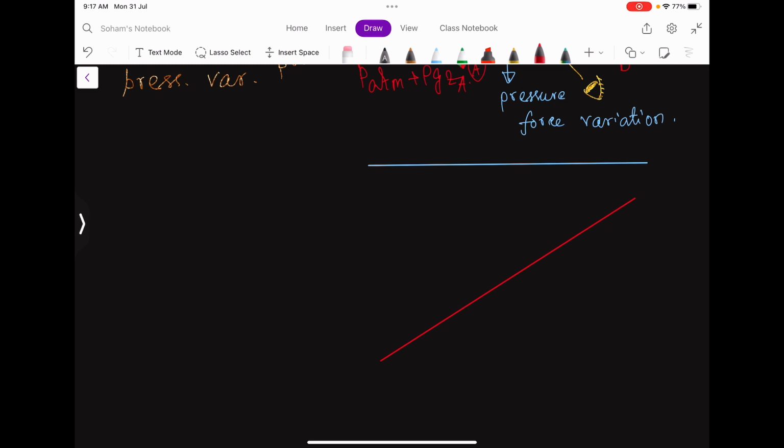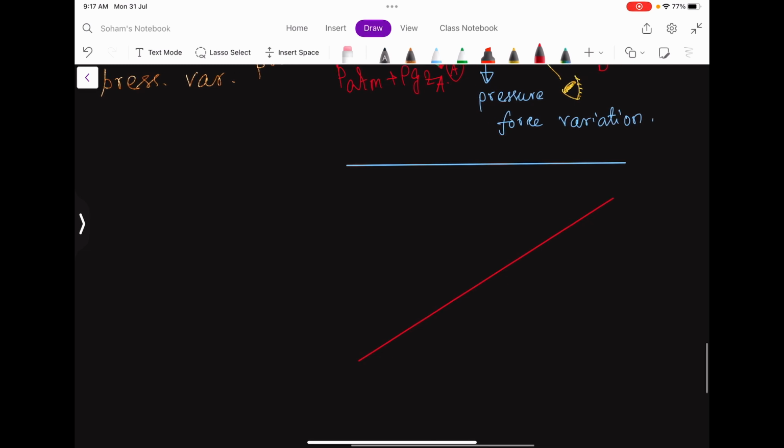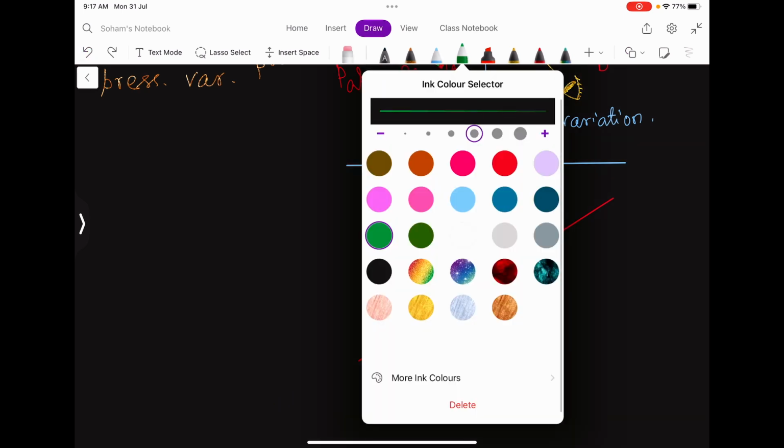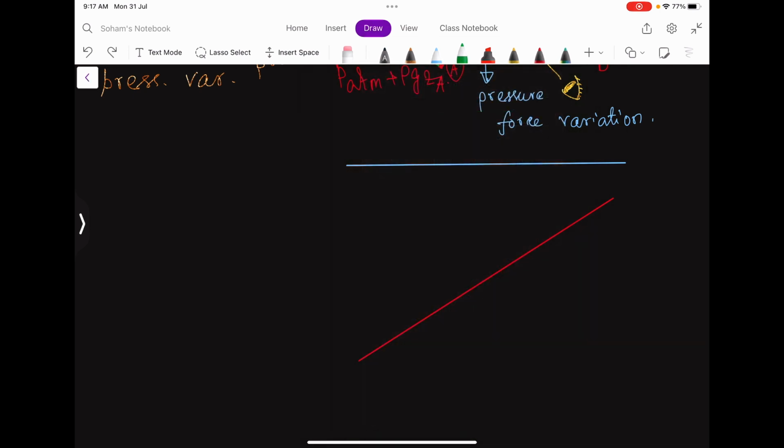So again, now let me assign some axes. The axis pointing towards this direction I name as y, and this axis I can name as z.